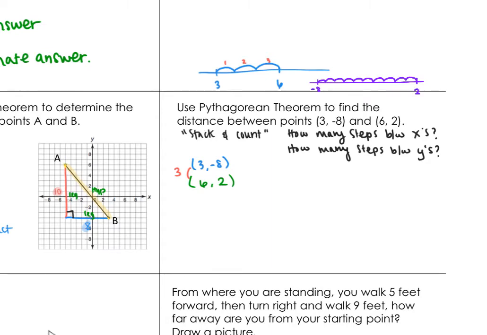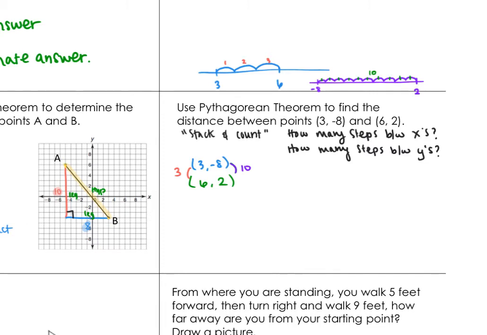So then we just need to figure out how many steps we took. That's 1, 2, 3, 4, 5, 6, 7, 8, 9, 10. That's 10 total steps between -8 and 2. I do advise that you look on a number line. It'll help you for this.